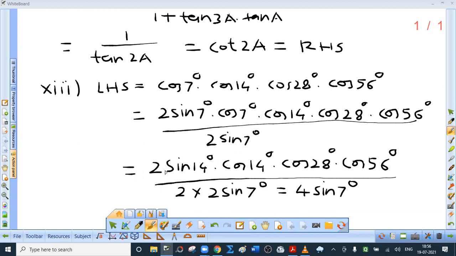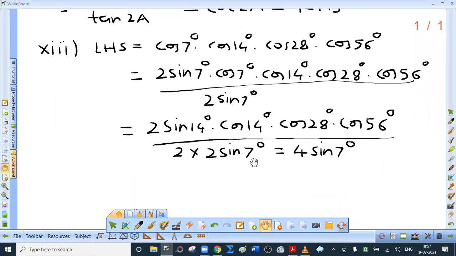So this 2 is utilized here and I have again multiplied numerator and denominator by 2. That is why in the denominator you will see 2 times 2 sin 7, which is nothing but 4 sin 7. Okay. Now in the next step, if you want to listen to me, first listen and then write the solution.